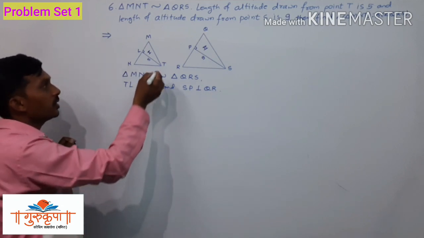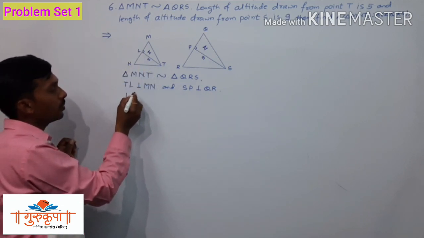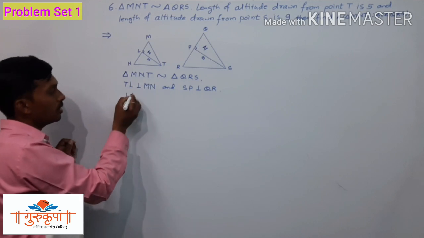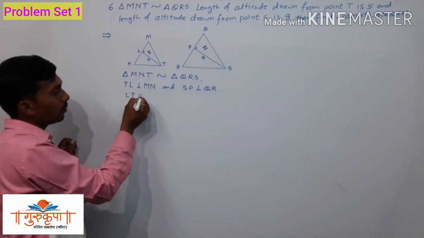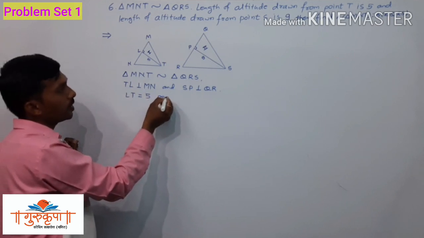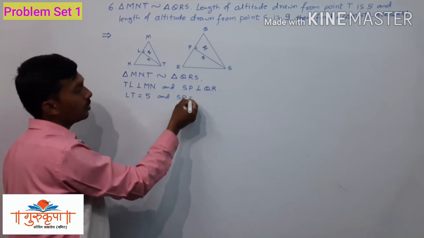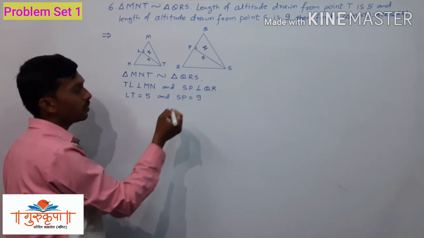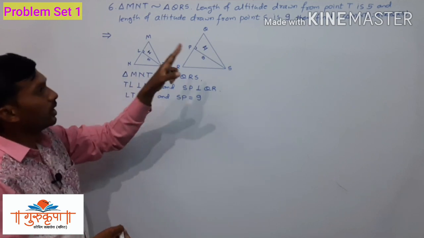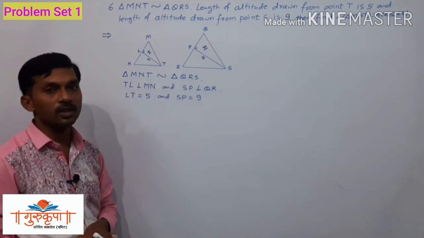Then it is also given that TL is equal to 5 and SP is equal to 9, that is also given information. And we have to find the ratio of the areas of two similar triangles.